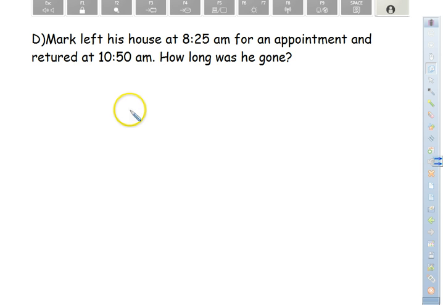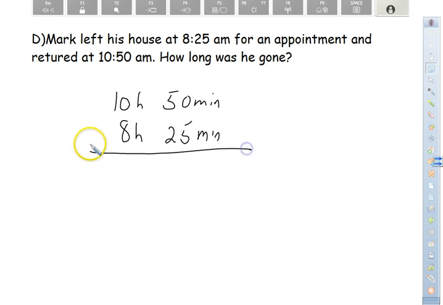So you're going to have to take the larger amount, and we're talking about hours and minutes in this case. So it's going to be 10 hours and 50 minutes. And then we have 8 hours and 25 minutes. And you're simply going to subtract those, and we get 25 minutes.